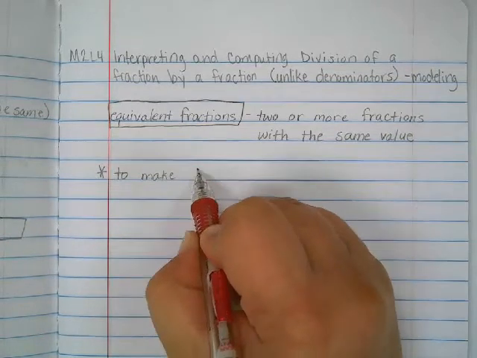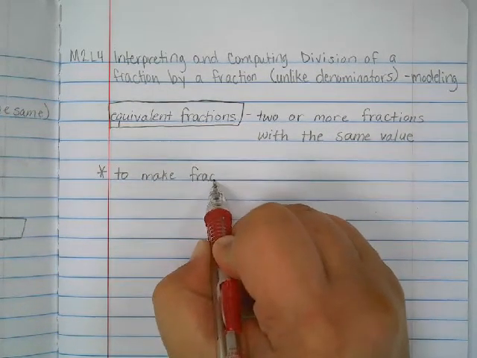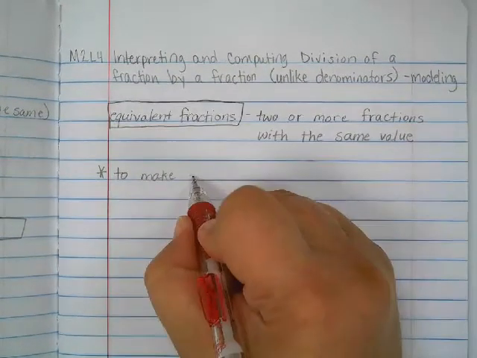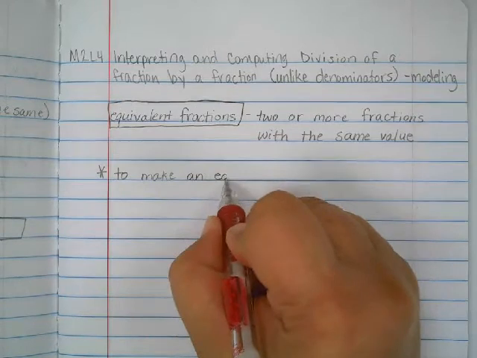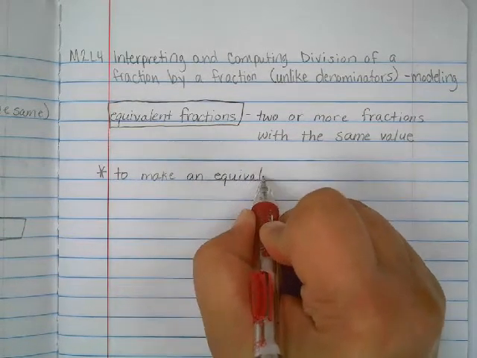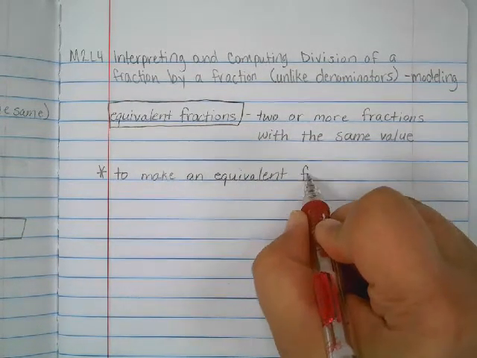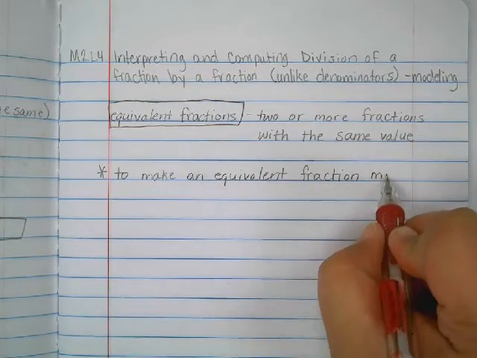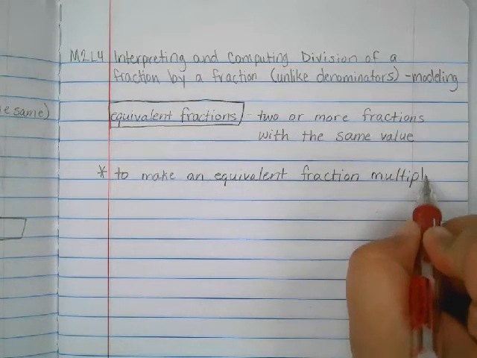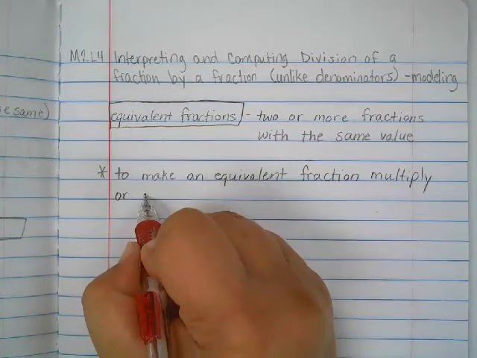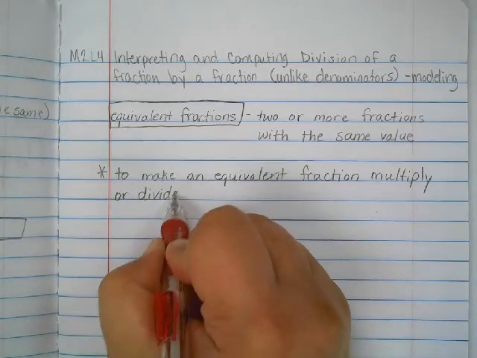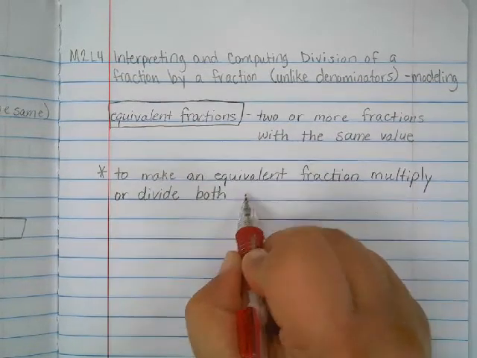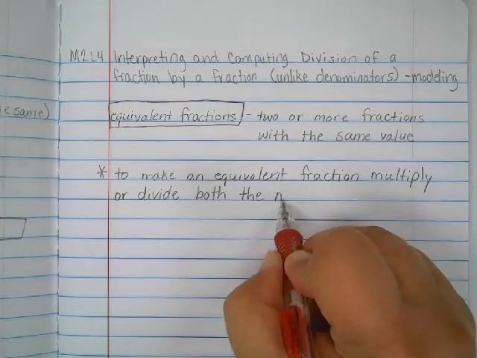To make an equivalent fraction, multiply or divide both the numerator.